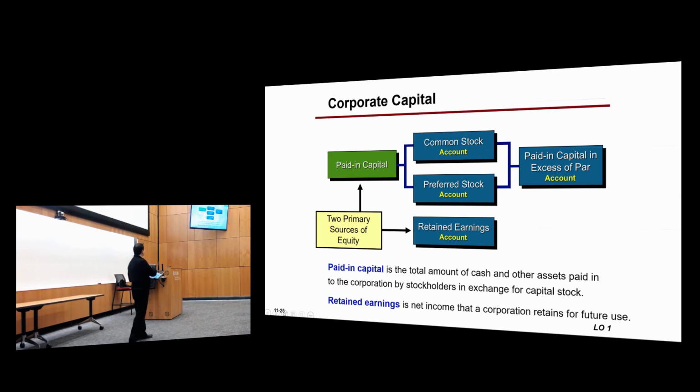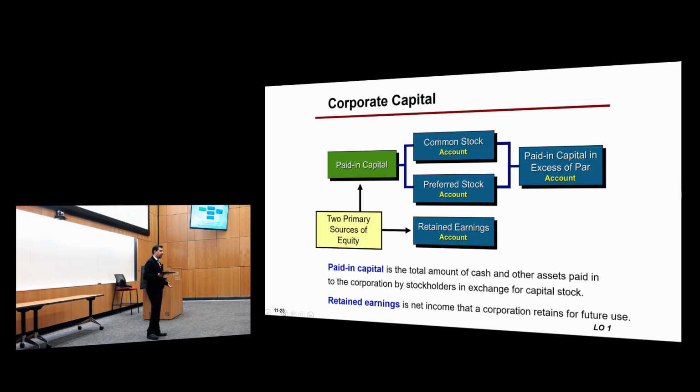Now we get to the two sources of equity in a company. Remember, we talked about common stock and retained earnings. Common stock is paid in capital. This is the capital or the investment made by those shareholders. Okay? This is paid in capital. And generally speaking, you would have either common stock or preferred stock.